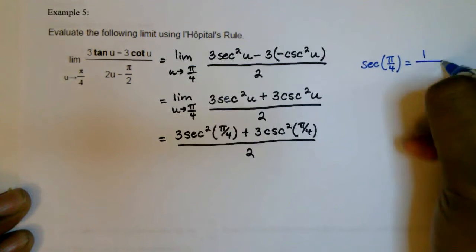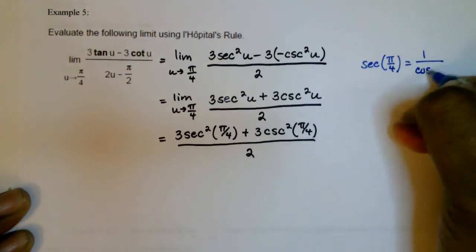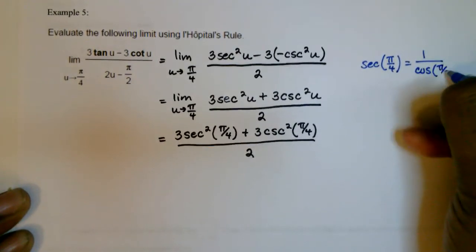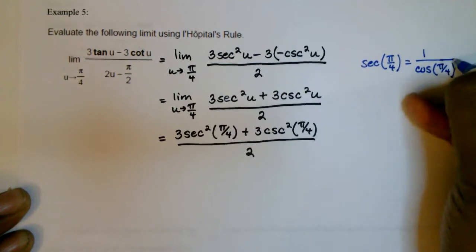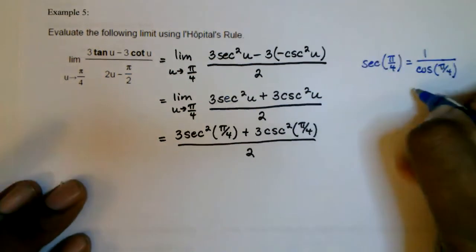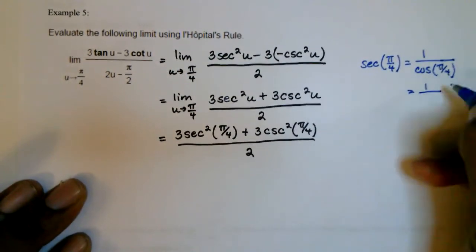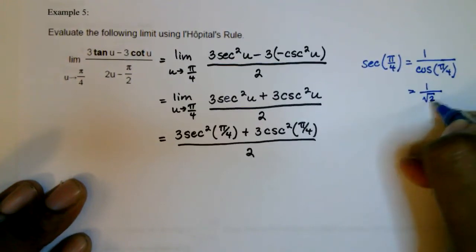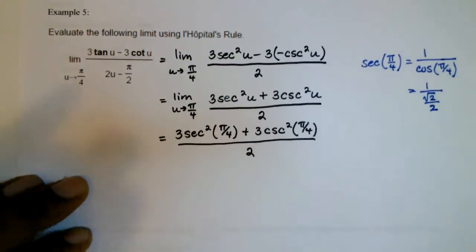That's actually 1 over the cosine of pi over 4. And I know that the cosine of pi over 4 will be the square root of 2 over 2. So that means I'm going to have 1 over the square root of 2 over 2.